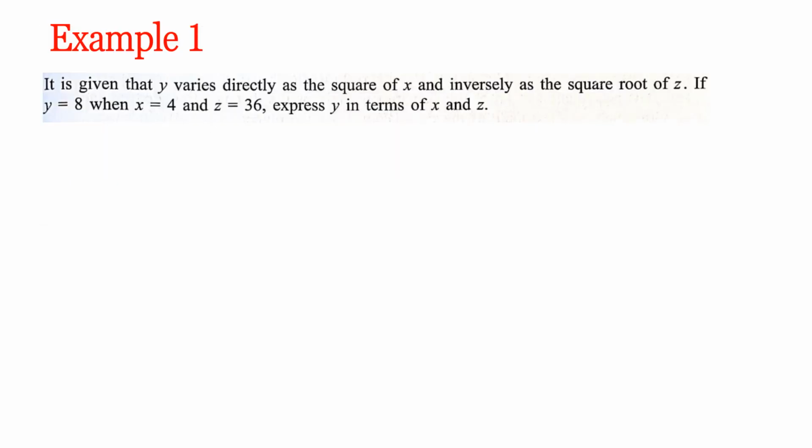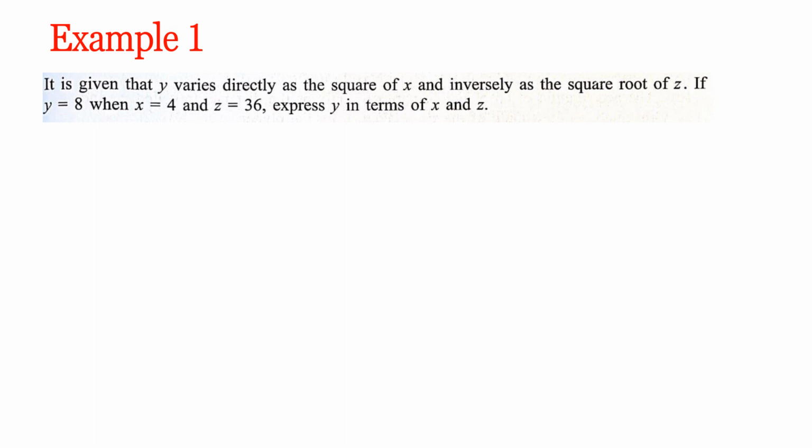We continue with some examples. Example 1. It is given that Y varies directly as the square of S and inversely as the square root of Z. If Y equals 8 when S equals 4 and Z equals 36, express Y in terms of S and Z. So the first step you need to do is to write the variation relation.